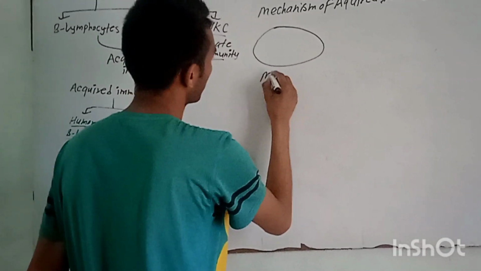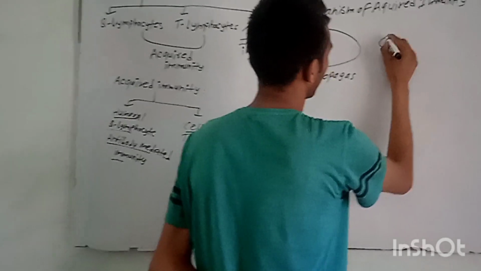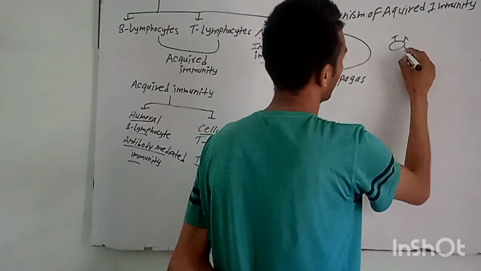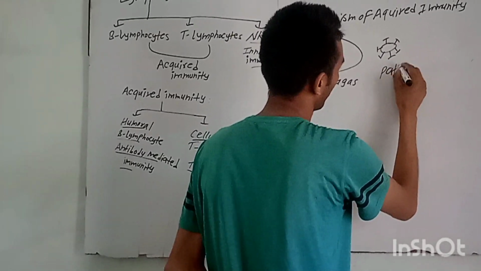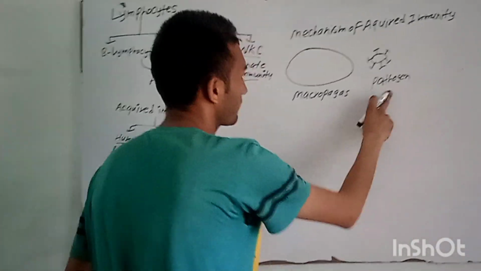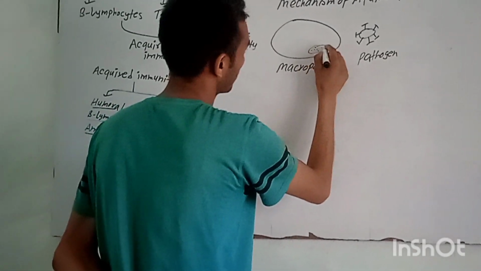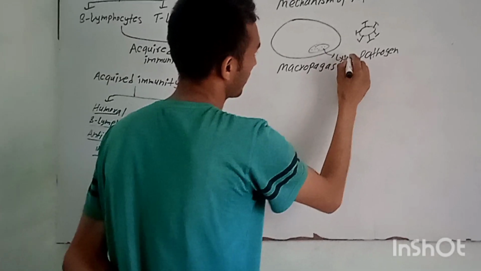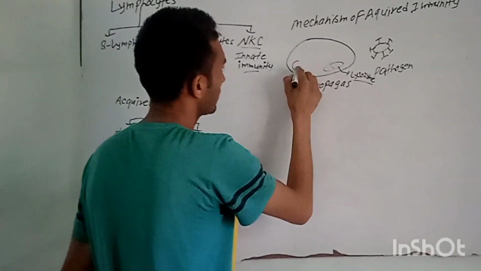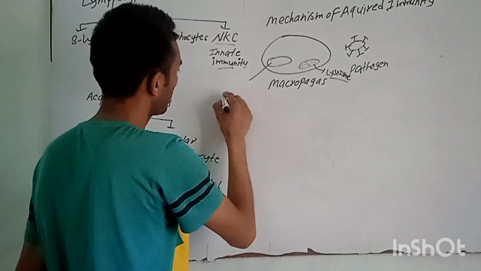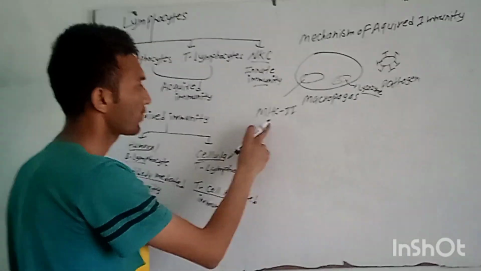This is a macrophage. This is coronavirus as a pathogen, and macrophages contain lysosomes, and they also contain MHC class II, major histocompatibility complex second class.